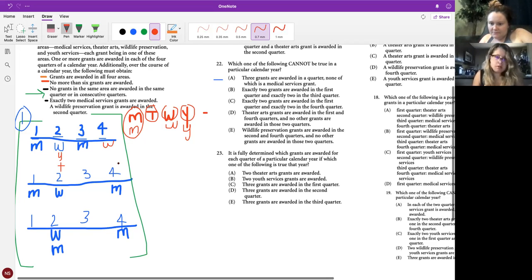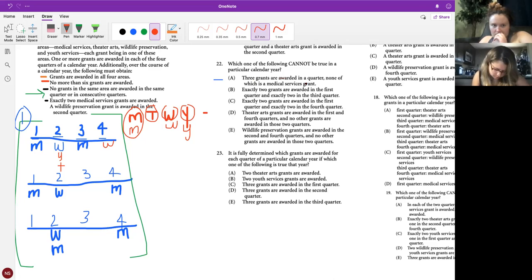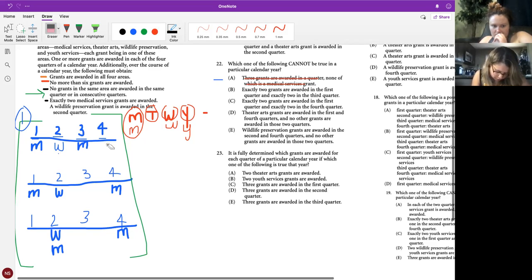All right, what about the next? Exactly 2 grants are awarded in the first quarter and 2 in the third. You can have T, 1, 2, 3, 4, 5.